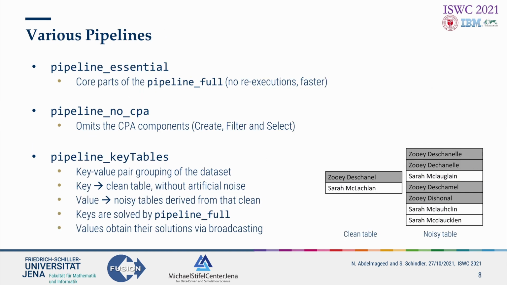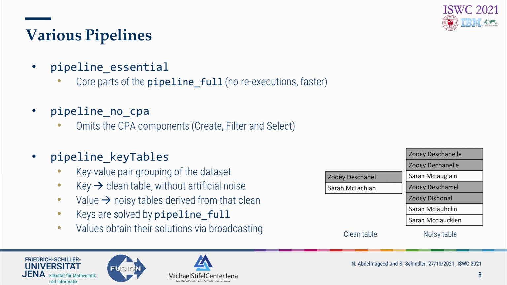In this year's edition of the challenge, we have encountered various characteristics of the given datasets. Thus, we have implemented multiple pipelines derived from our pipeline full. At first, pipeline essential reduces the pipeline full to its core parts without any further re-executions. Second, pipeline no CPA omits the CPA parts from our default pipeline.